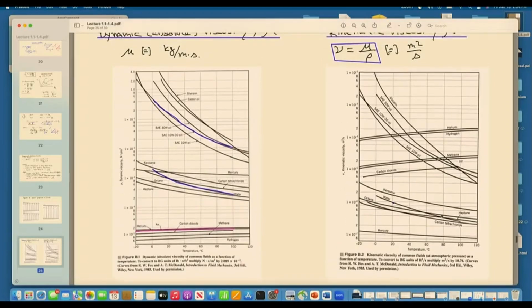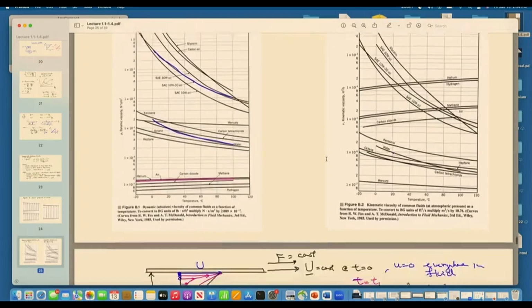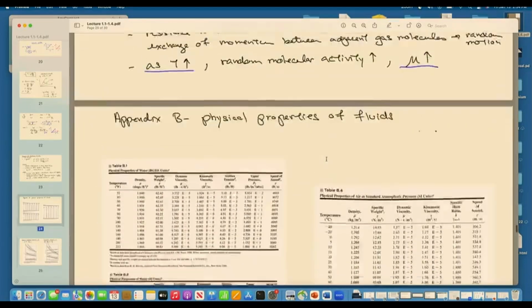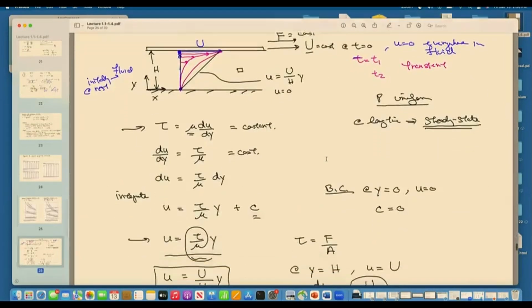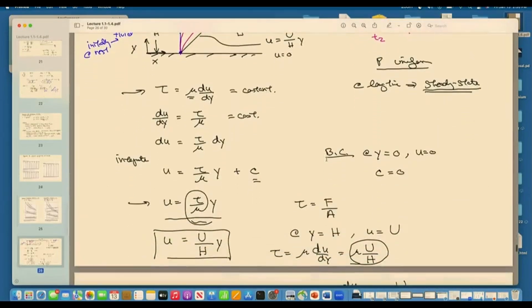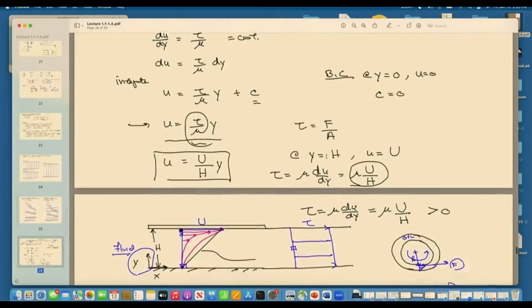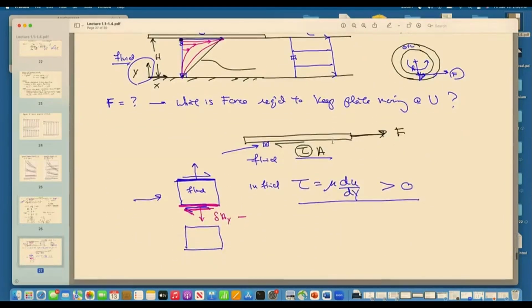And if needed, you could back out the density for an oil from this chart. Just remember, these are all in the appendix, and you may need to use these in homework 1.